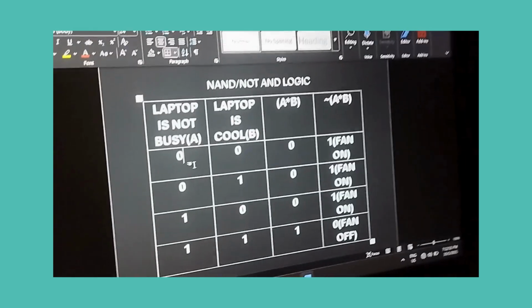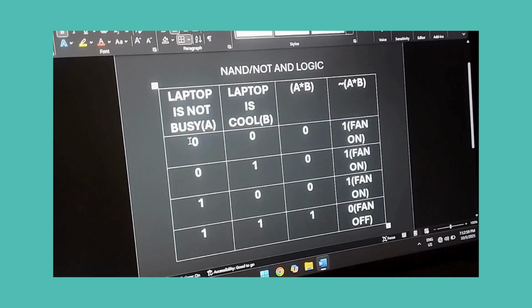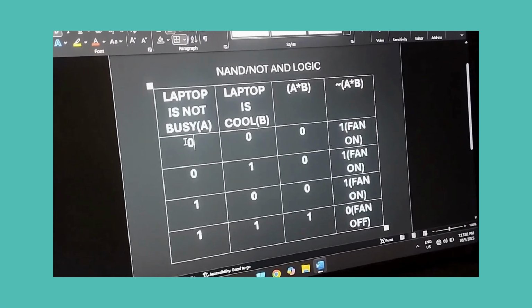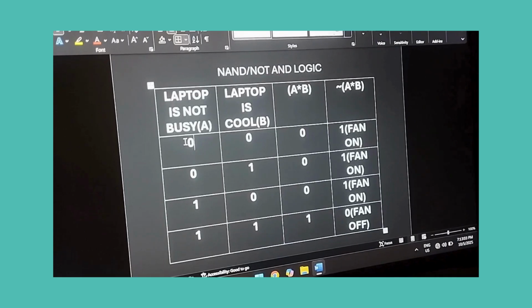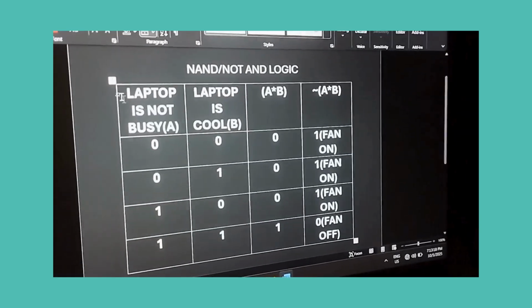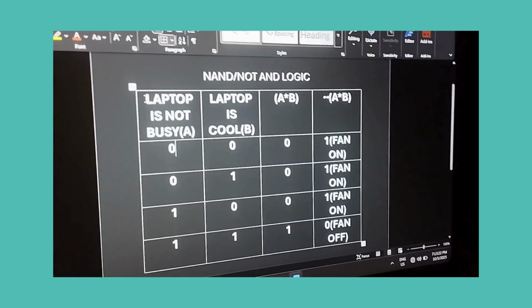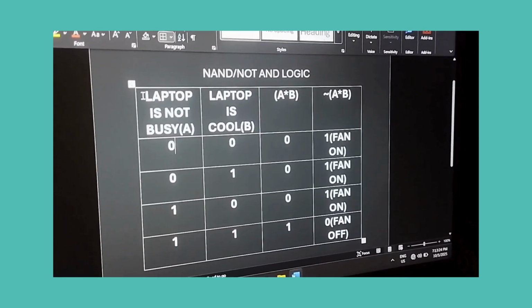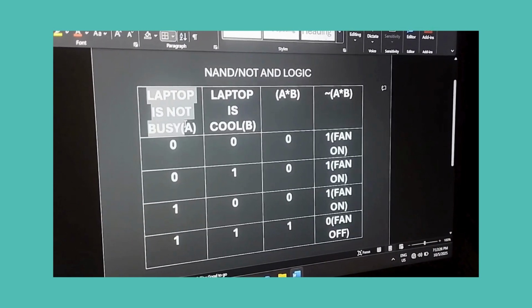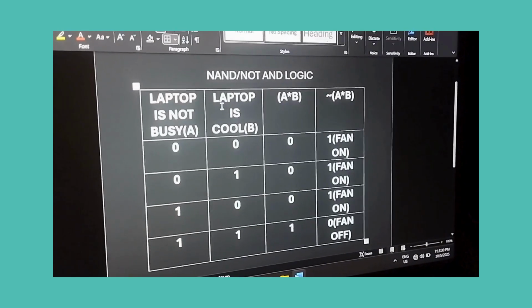So imagine using a laptop that automatically turns on its fan when the laptop is busy and the laptop is at high temperature. So let's take a look at this truth table, where the first condition is laptop is not busy and the second condition is laptop is cool.